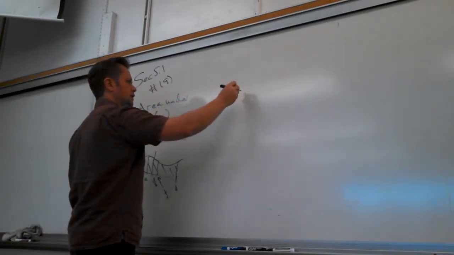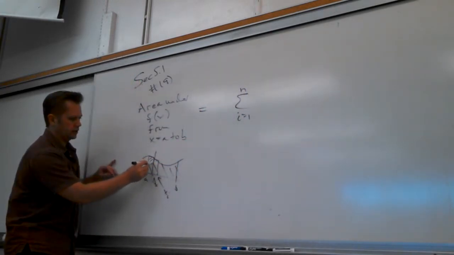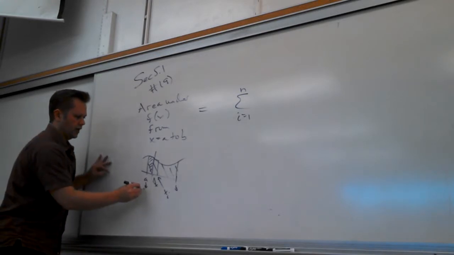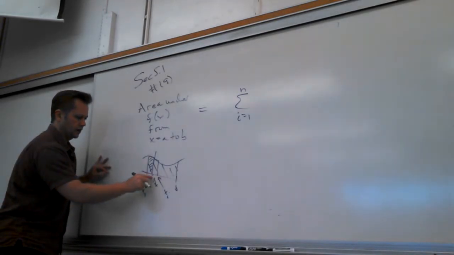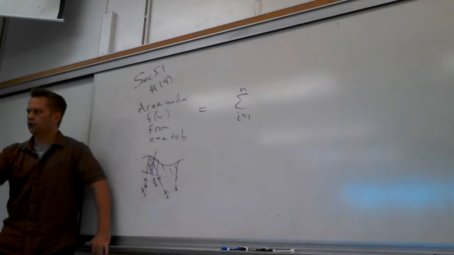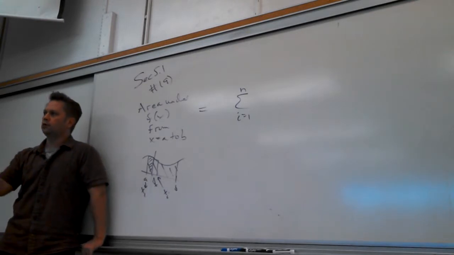So we have this sum from i equal 1 to n. I want to add up all the areas of these rectangles. So if I call these x1, x2, x3, this is xi. I want to make sure you guys are with me. And it doesn't really matter in what we're about to do which side.